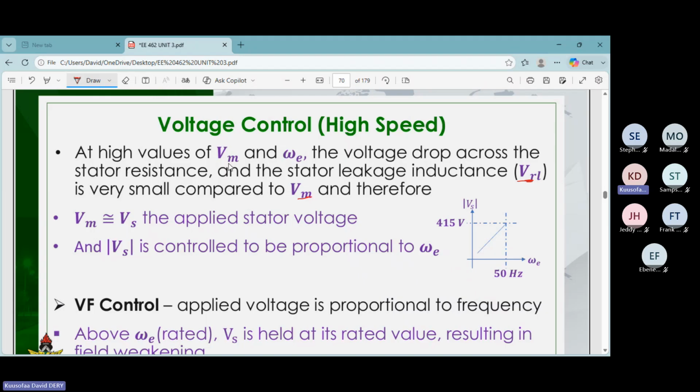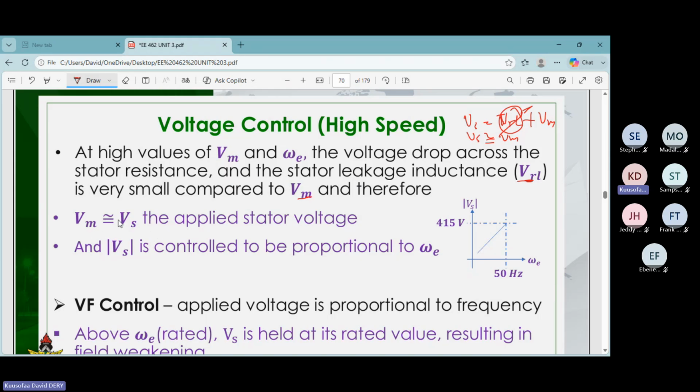If the drop across the stator resistance and the leakage inductance is very small, because Vs will be VRL plus what? Vm. If this value is very small, then we can say that it's almost zero. So Vs will be approximately equal to Vm. That is with the assumption that it's very small, right?